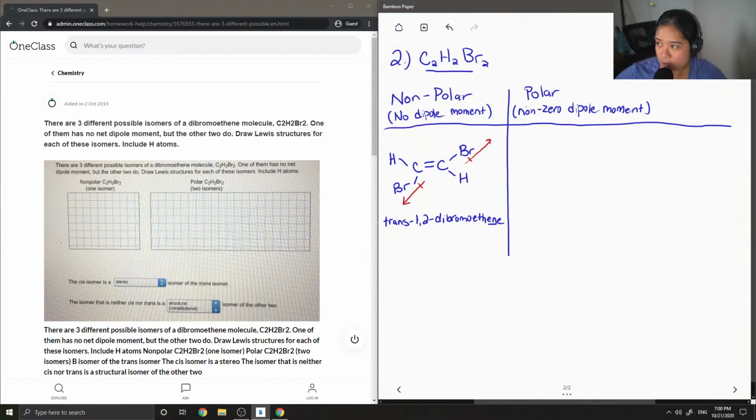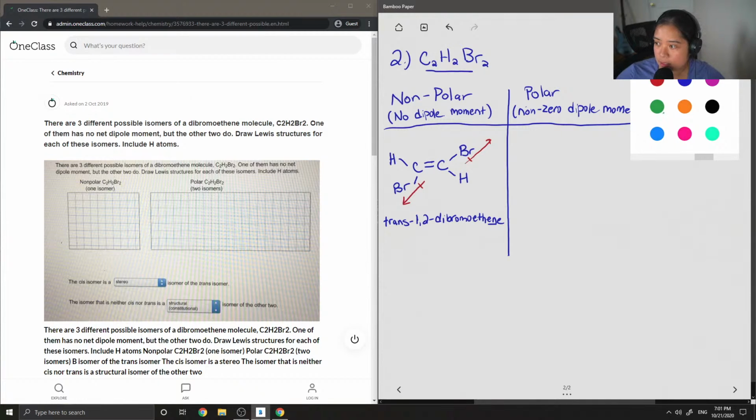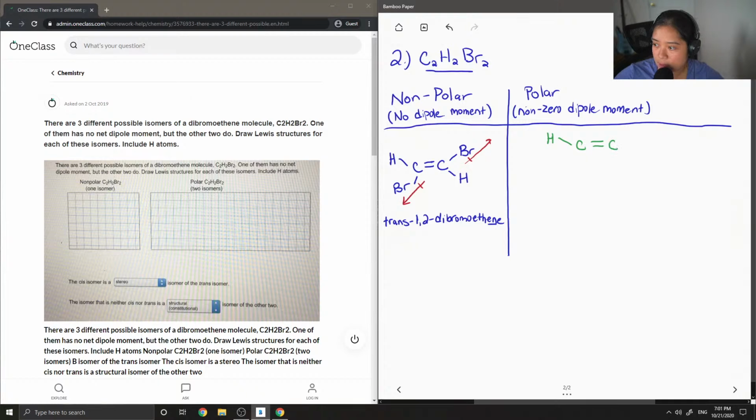So now I'm going to draw out the cis version of this molecule. So we're going to do the same thing, except this time I'm going to put our hydrogens on the same side. And now I'm going to put our bromines on the same side as well.